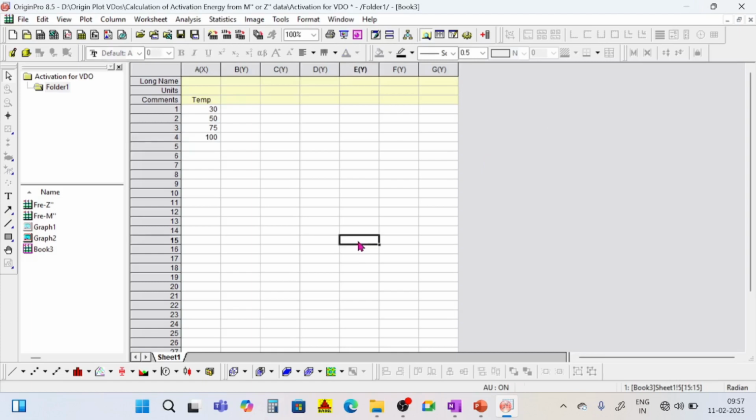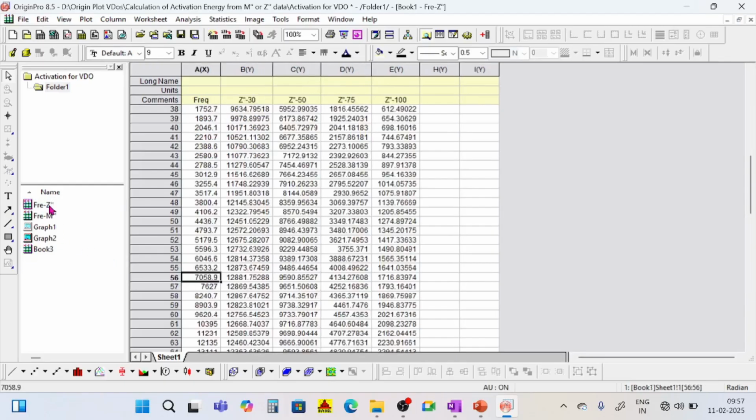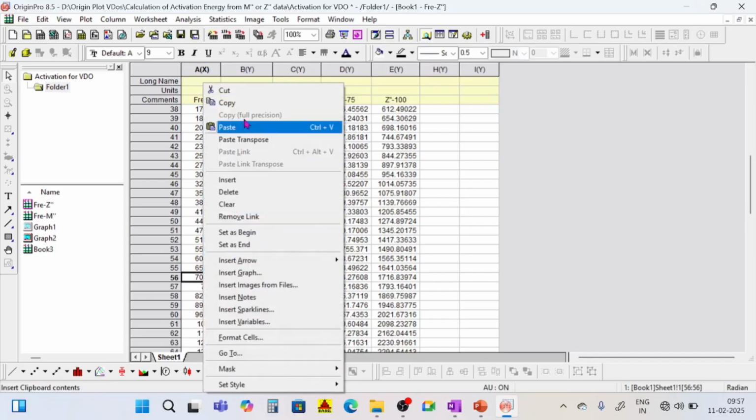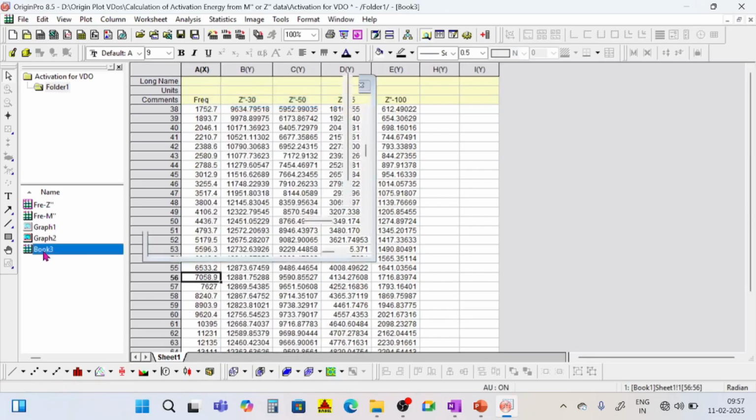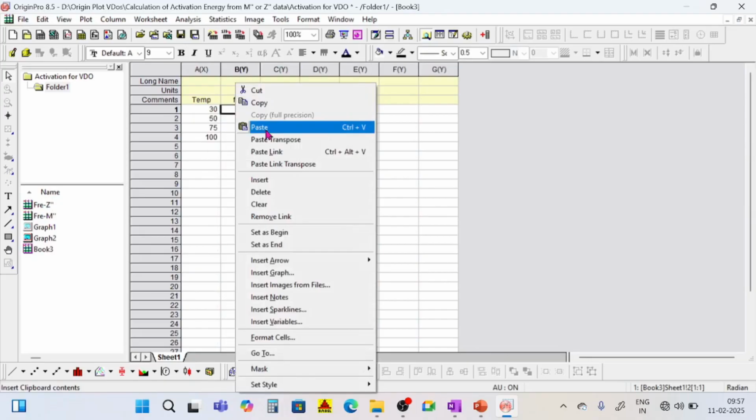Okay, this is your F max column. F max. So for 30 degree, the F max value is this one. You just copy it and paste over here, right?